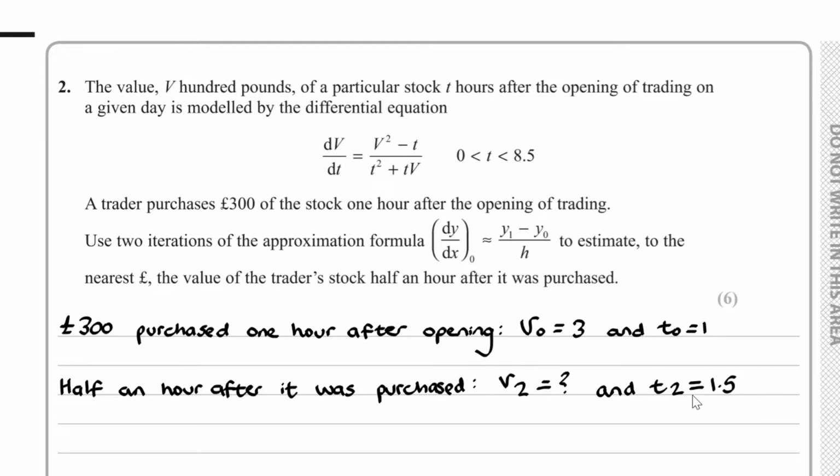The reason we know that T2 is equal to 1.5 is that T0 is equal to 1. We're looking at half an hour after this, so T2 is equal to 1.5. And it takes us 2 iterations to go from 1 to 1.5, and therefore our step H is equal to 0.25.